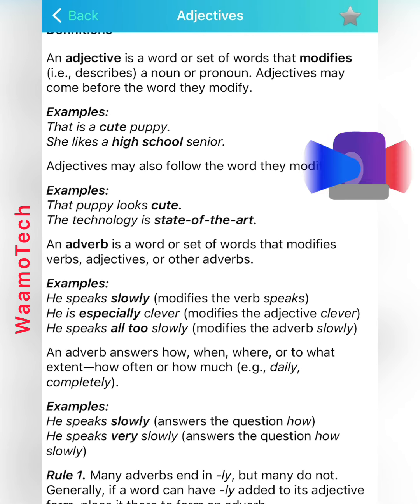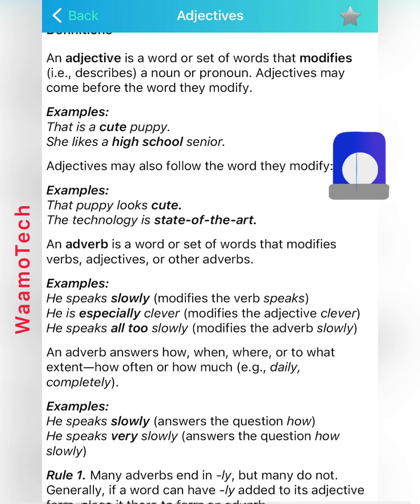Next example, "he speaks all too slowly." All too now is a higher degree of the adverb slowly. We already have the word slowly as an adverb, which explains how this man speaks. The word slowly is saying something about how he speaks, or the verb speaks.